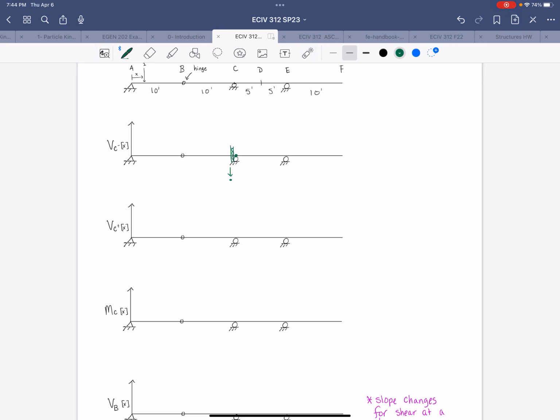Now, in order to draw the deflected shape, we have to recognize what's going on either side of the cut, right? So we just established that the right side of the cut isn't moving because there's a support right there. So the next thing to the right is another support. In order to maintain straight line segment, that has to be a horizontal line with a slope of 0.